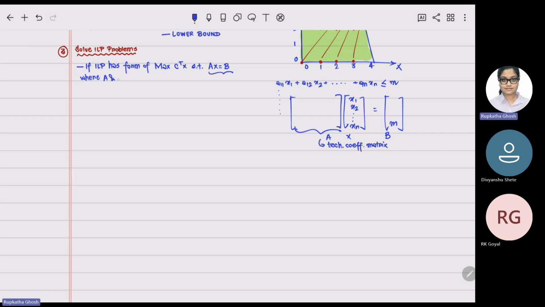Okay, so such that Ax equal to B where A and B have all integer entries and A is totally unimodular, then every BFS is integral.